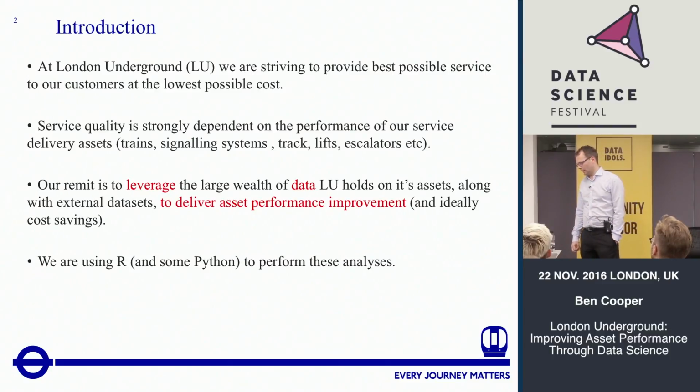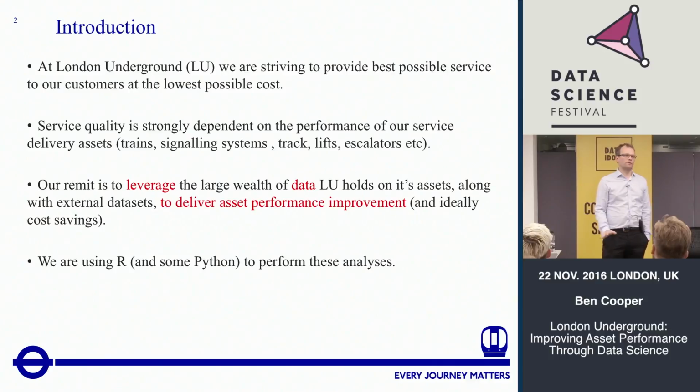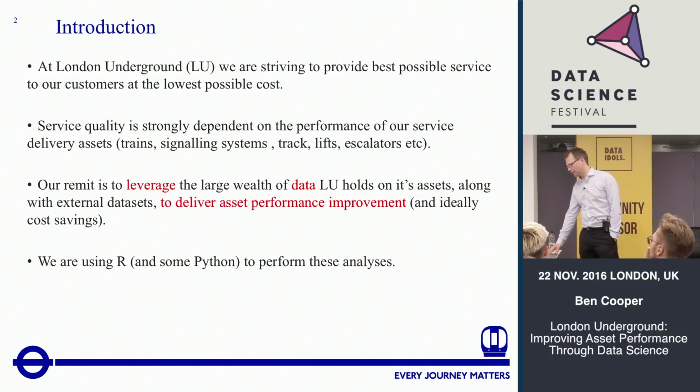And this is a fairly new endeavour at London Underground. Across TfL, data science has been used for a while, for example, to analyse Oyster card data and plan projects, etc. But in terms of actually using data science to improve asset performance, this is quite a new thing.